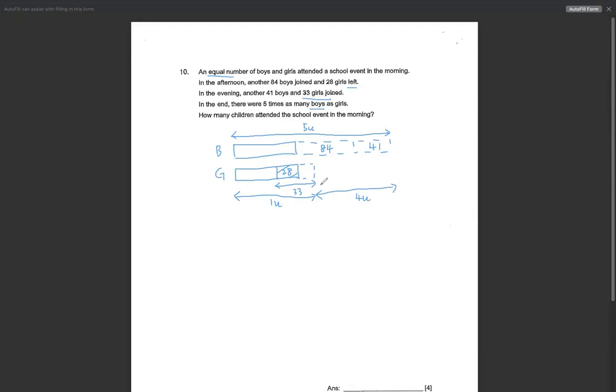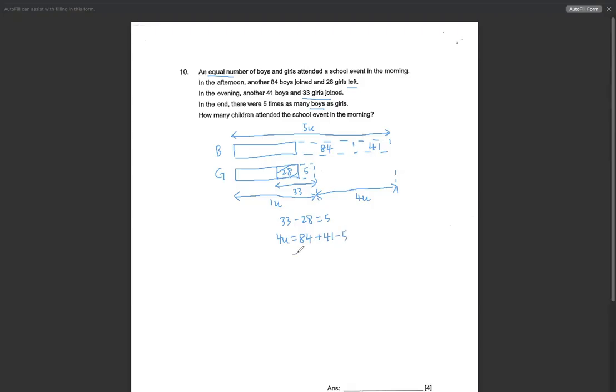So how do we find the 4 units here to here? We simply take 84 plus 41, minus this portion here.